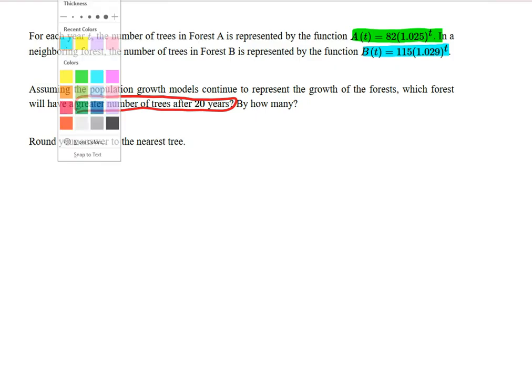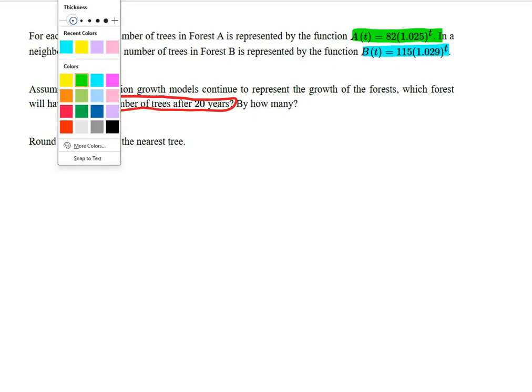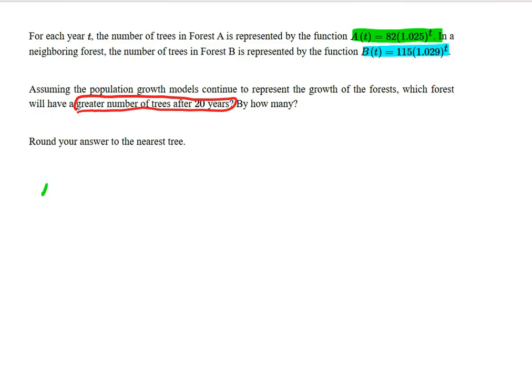So all you have to do is calculate A of 20. You're just going to take the t out of the function and stick in the 20. Now this will be totally you and your calculator.